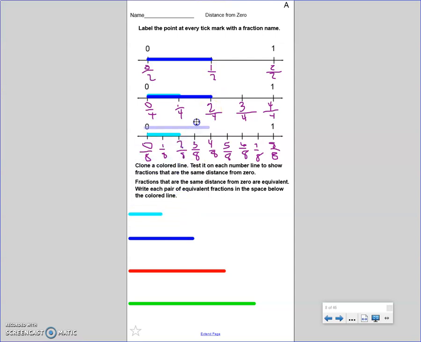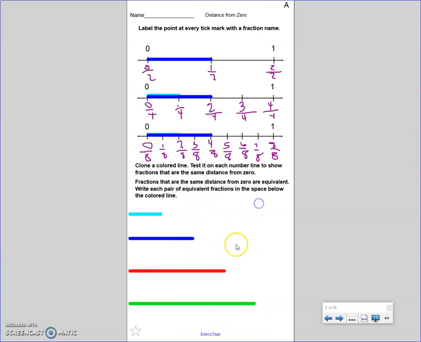Let's see if there's a fraction on the 8ths number line that's also the same length. There is. 4/8 is the same length or distance away from 0 as 2/4 and 1/2. So that tells me that 1/2, 2/4, and 4/8 are all equivalent fractions.